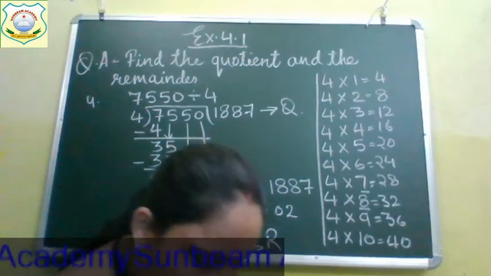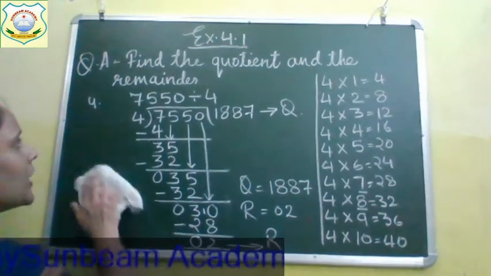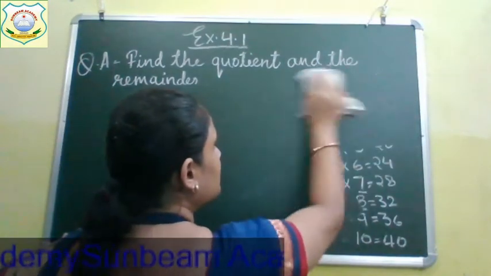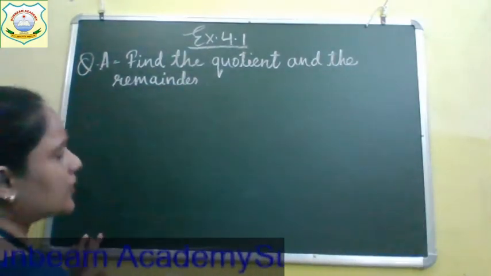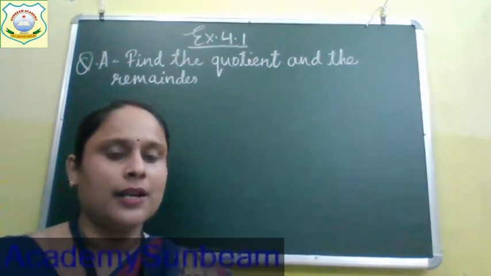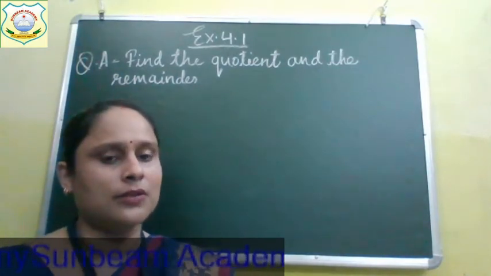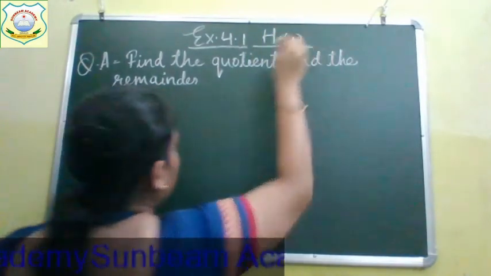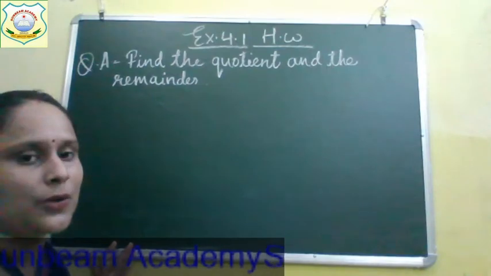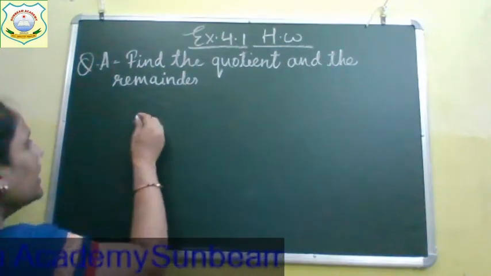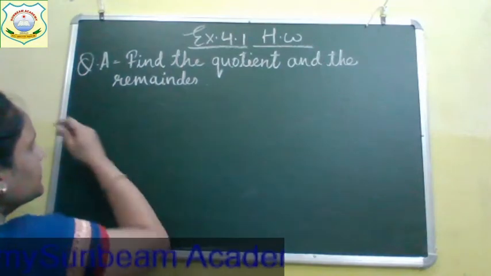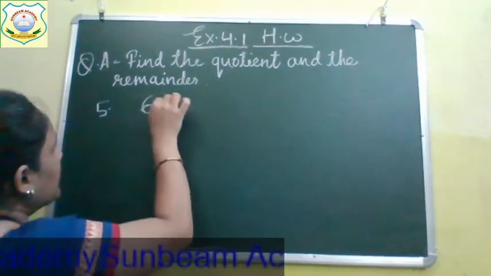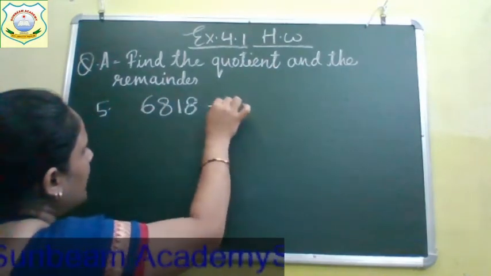Now children, let's see the homework question. Note down the homework question everyone. This was your classwork that we were doing, question A. Now I am giving you homework questions of question A. Note down the homework questions, then I will proceed to question B. Your homework questions are: 4 questions we have done in classwork, so write 5. 6818 divided by 9.